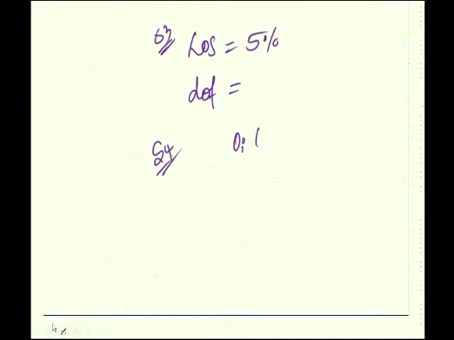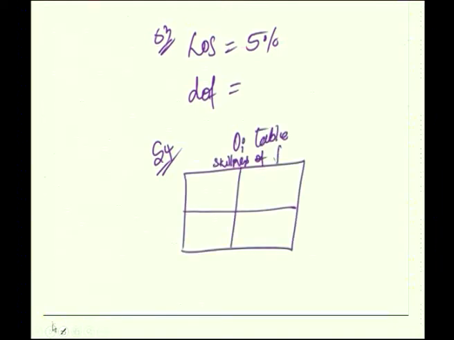So, the OI table itself has to be calculated here. Skillness of father: this is skilled father, and here you have unskilled father.